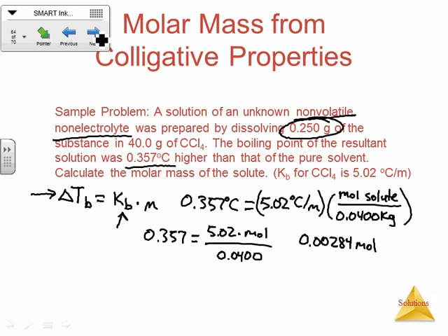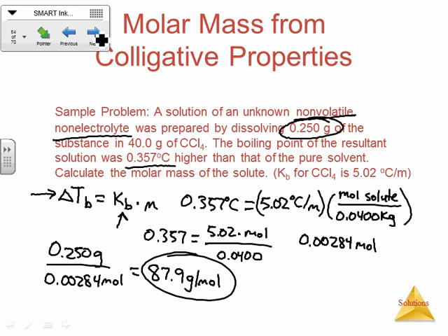Okay? And so we've got 0.250 grams divided by 0.00284 moles. And I'm getting a molar mass of 87.9 grams per mole.